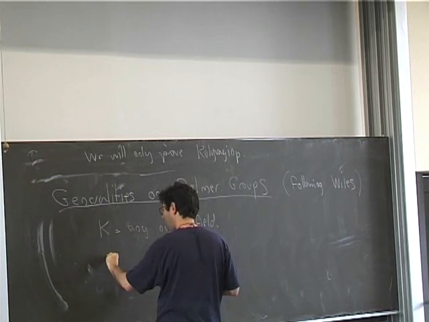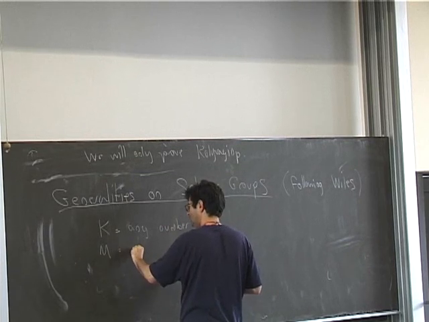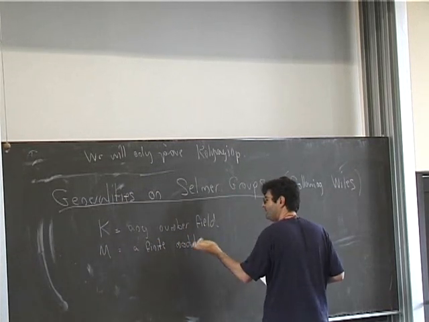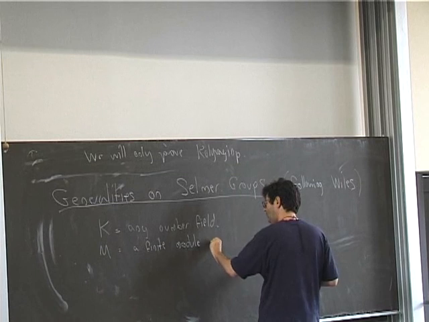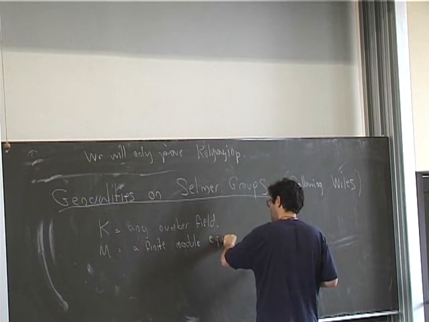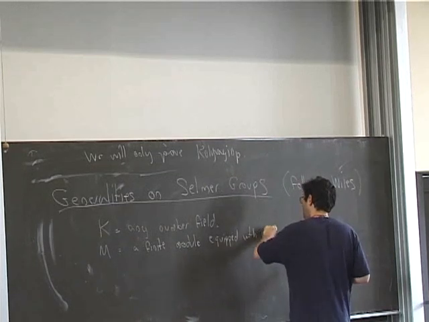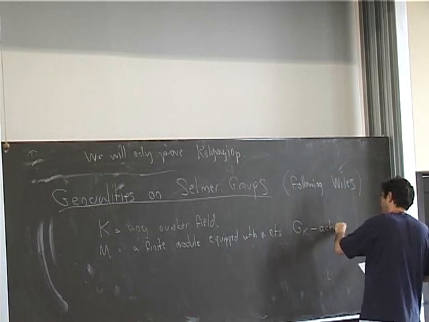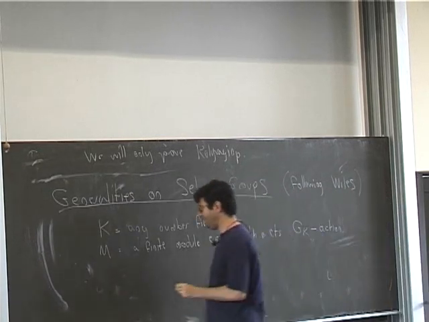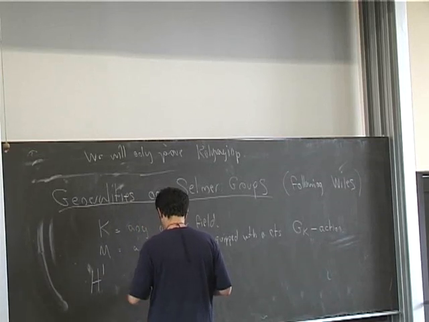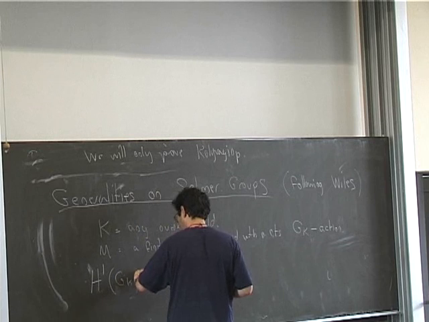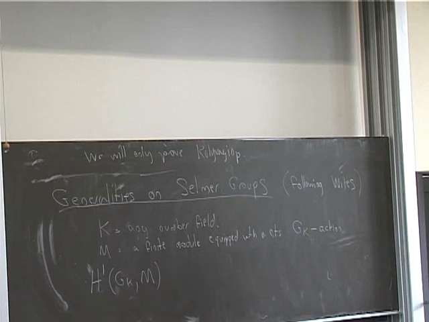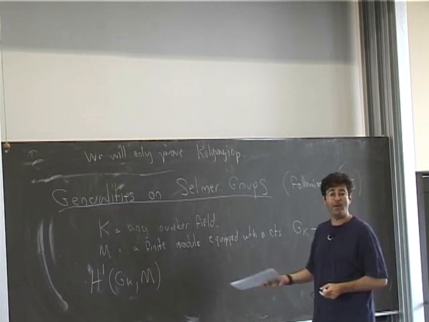And let M be a finite module, so really a finite set, which is a module, right? It's a finite module equipped with a continuous action of the absolute Galois group of K. And then I want to study H1 of G_K with values in M, which is the group of continuous cocycles on G_K with values in M, modulo the group of coboundaries.